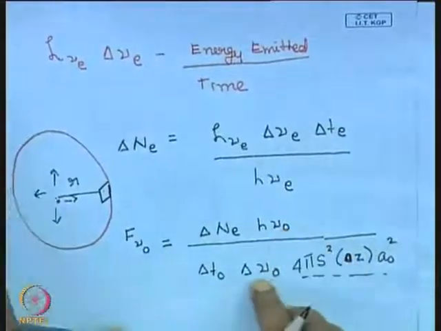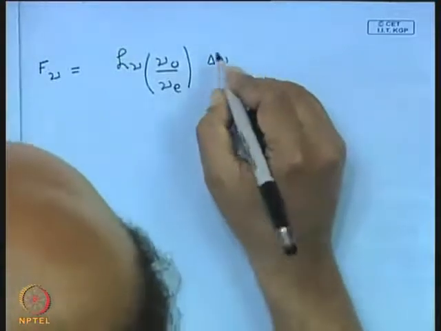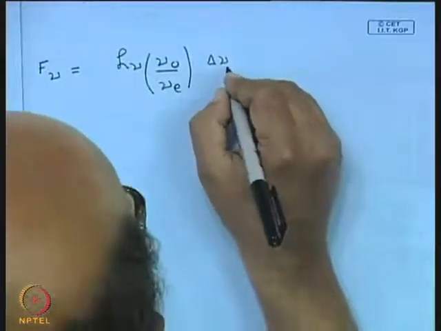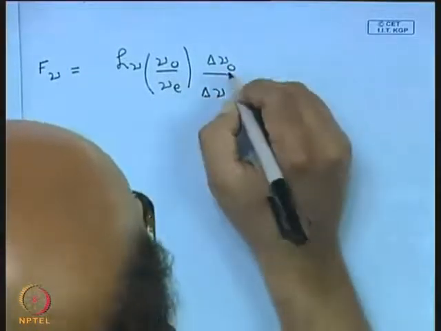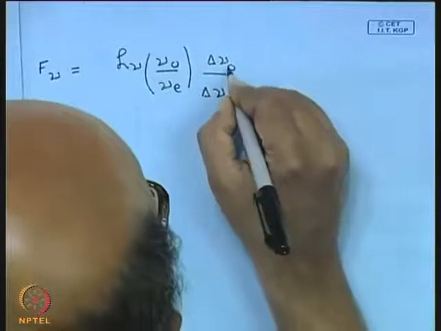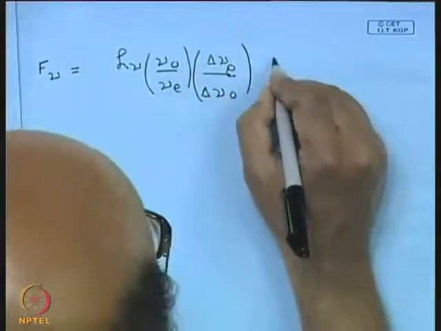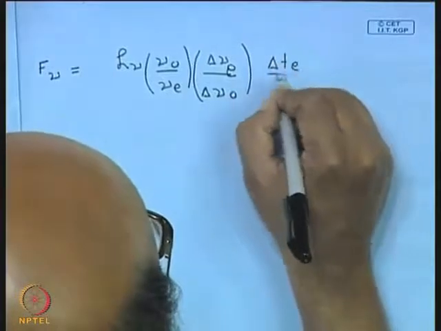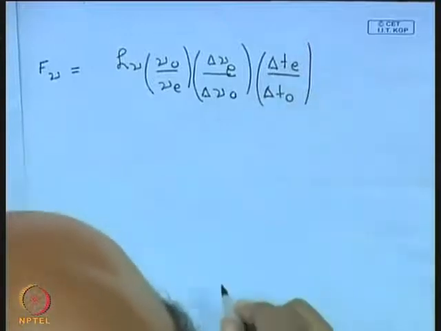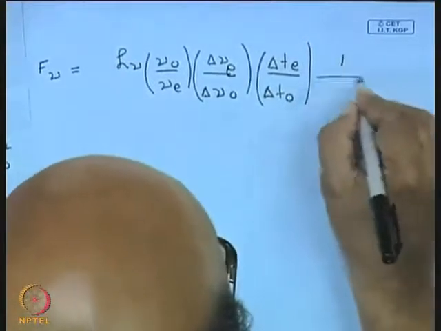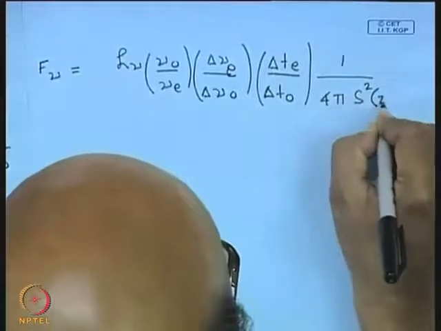I will have delta nu observed by delta nu emitted, and delta T emitted by delta T observed, into 1 by 4 pi s square z.